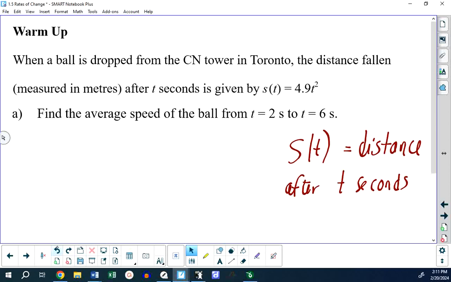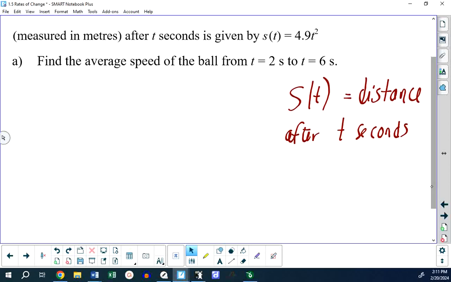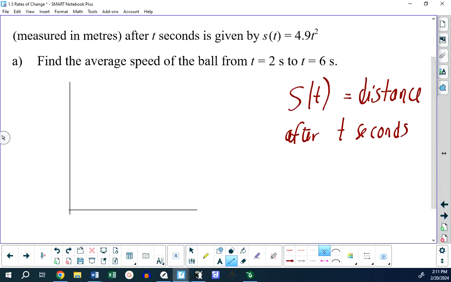Well, when you find an average speed, what you are doing, and I am lucky because I think everybody in this class has taken physics. I'm confident of that.